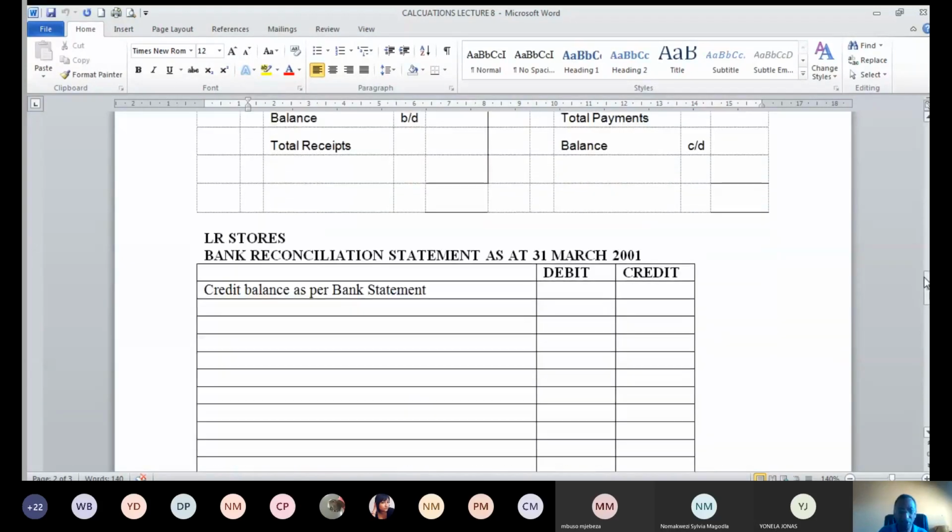That was step number 2. In my bank reconciliation statement, I will write the credit balance as per bank statement. And my credit balance in my bank statement is the amount of 181,665. Step number 2, guys, transfer the balance on the bank statement on the last day to your bank reconciliation statement.